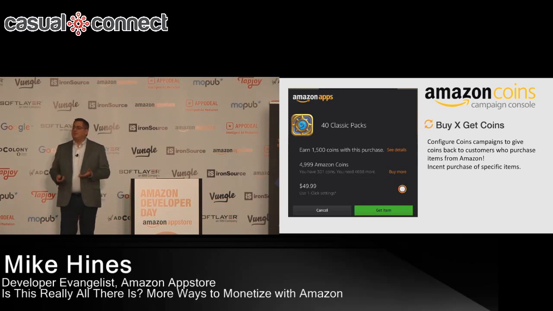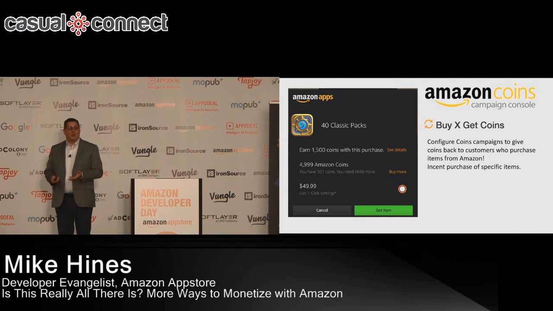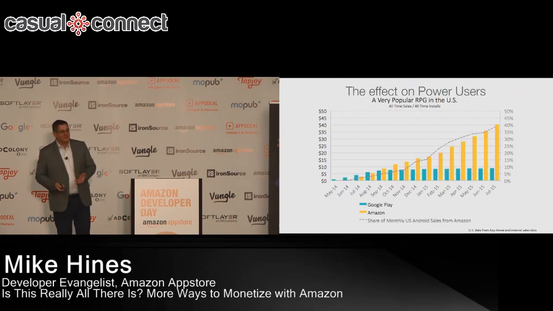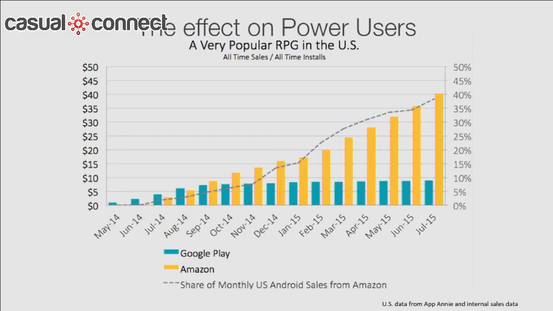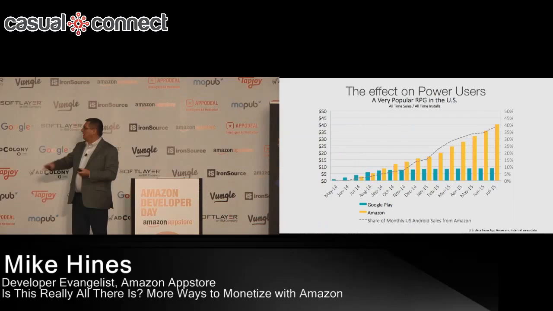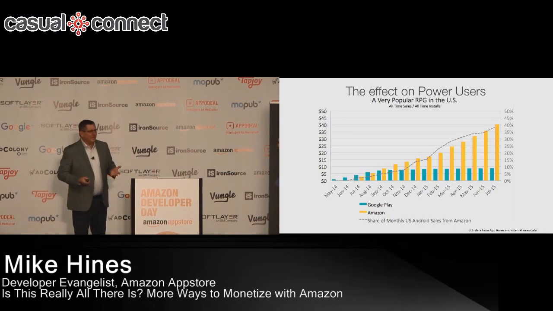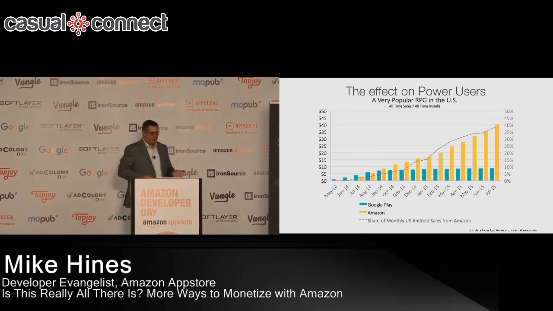Well, we did one of these promotions and tracked it with one of our RPG game customers, and this is what we found. If you take a look at this chart, you'll see that before the program started, their comparable downloads and revenue were about the same as Google Play. But within 6 months, an installation on Amazon was now worth $15, which is significantly larger than it is on the competing platforms.